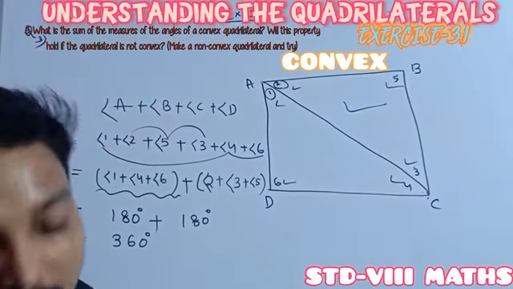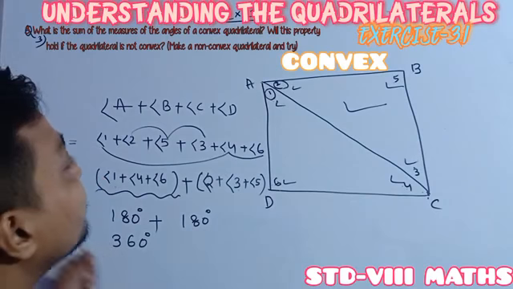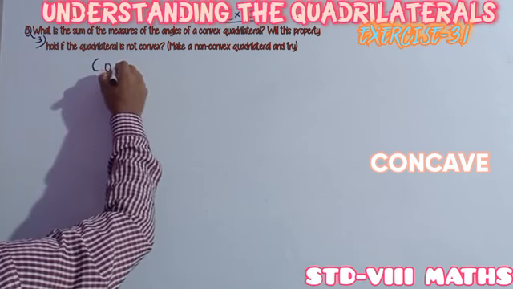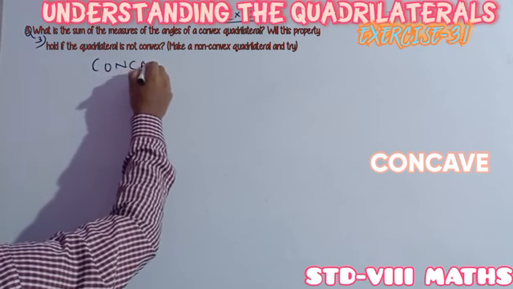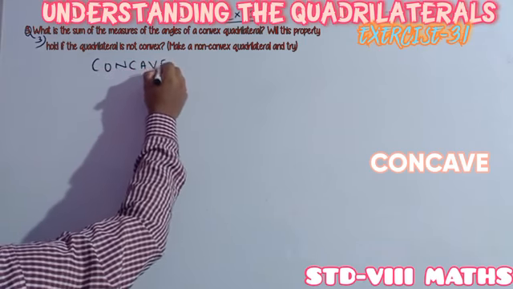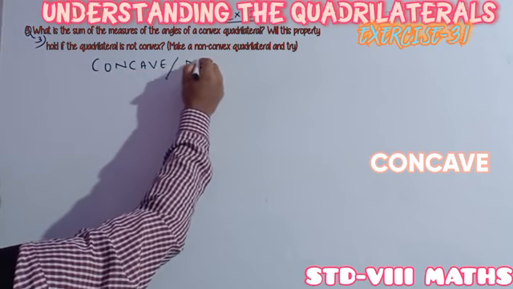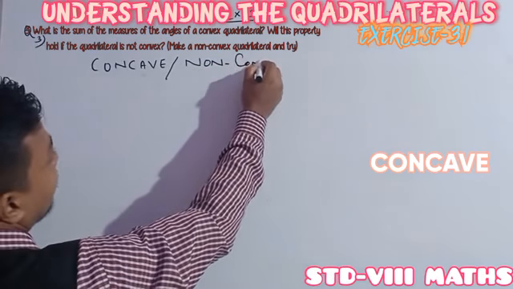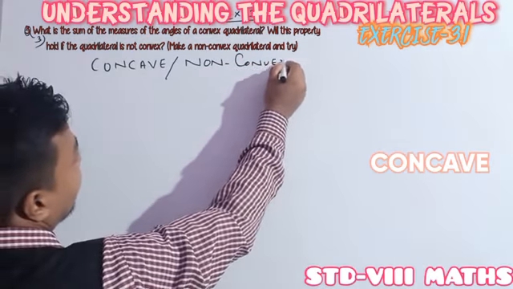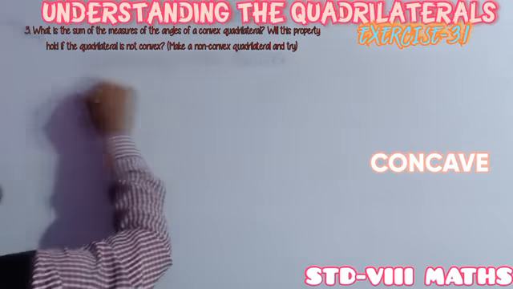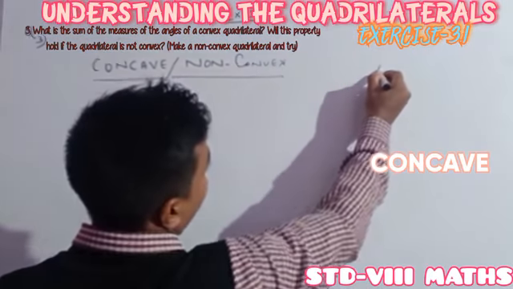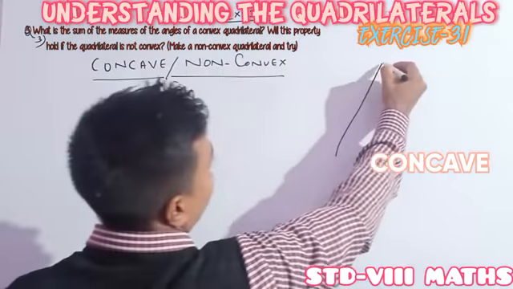So now I am drawing the picture of a concave quadrilateral, otherwise non-convex. See, the figure is to be just like this.